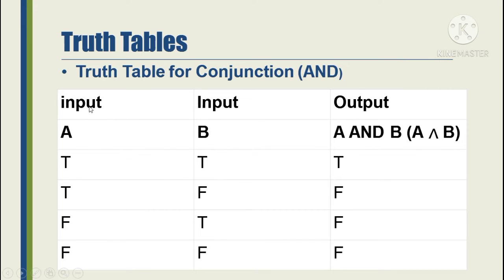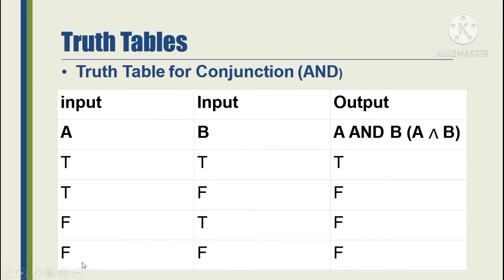So, if our input A is true and the input B is true, the output is true. Now, if input A is true and input B is false, we could say that the output is false. If the input A is false and the input B is true, we could say that the output is false.